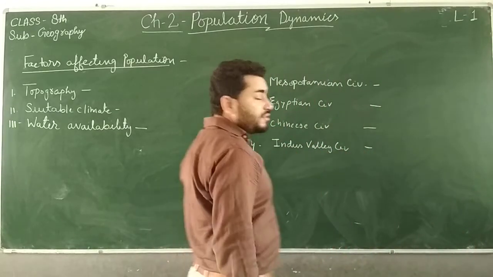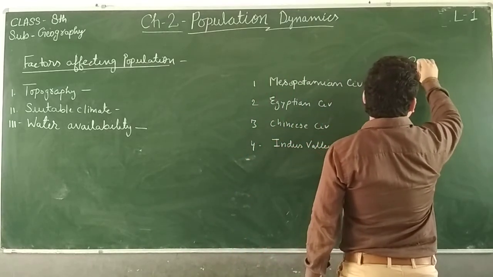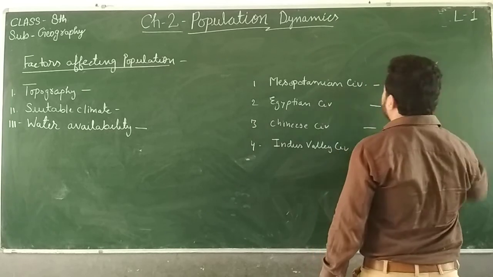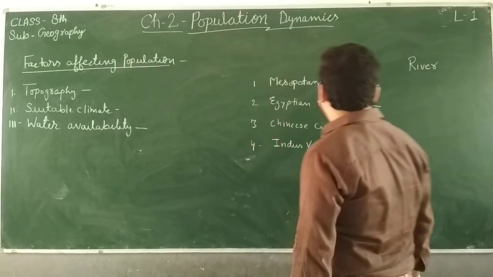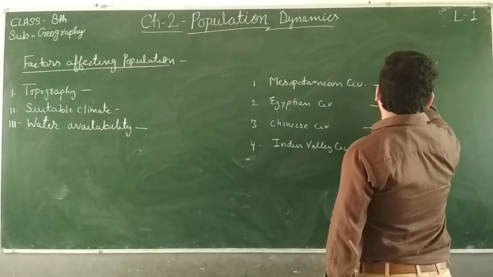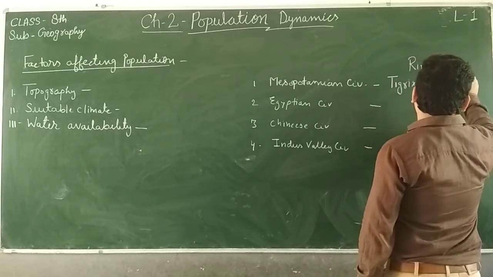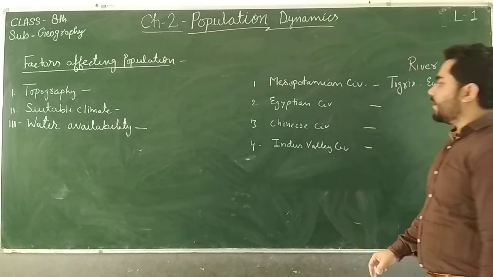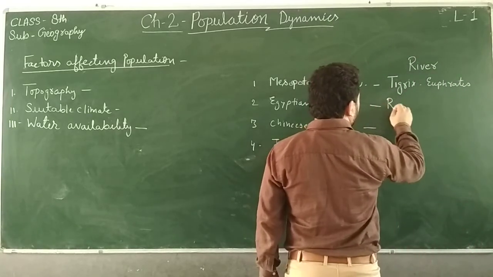Right? Okay, these all civilizations emerged near rivers. So Mesopotamia near Tigris and Euphrates river, and Egyptian civilization near river Nile.